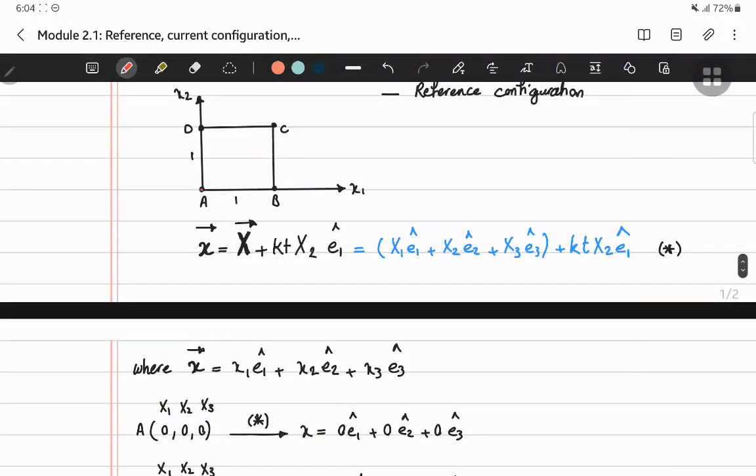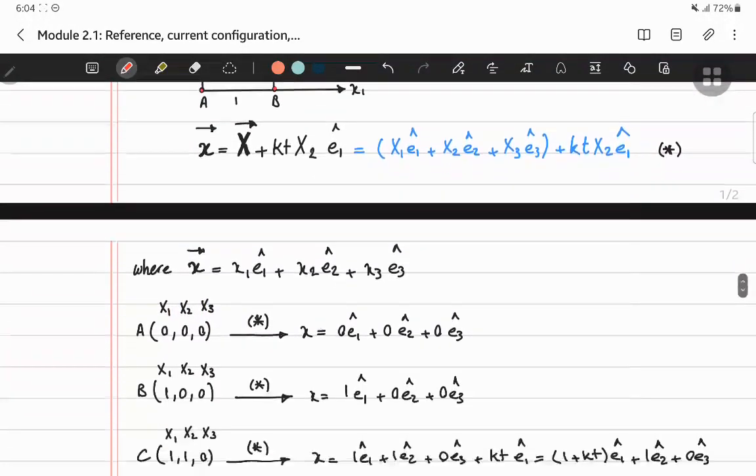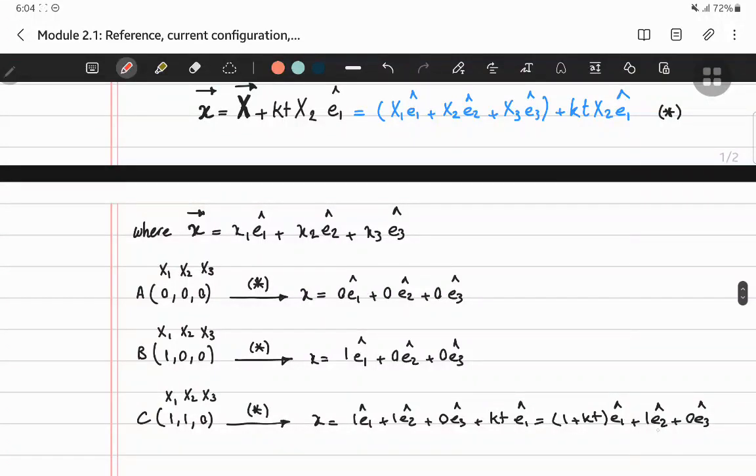This one remains here, this one remains here, but this one has the same x2 coordinate, but here we have an increase, assuming that k is larger than 0. Since time is also greater than 0, we have a positive value.